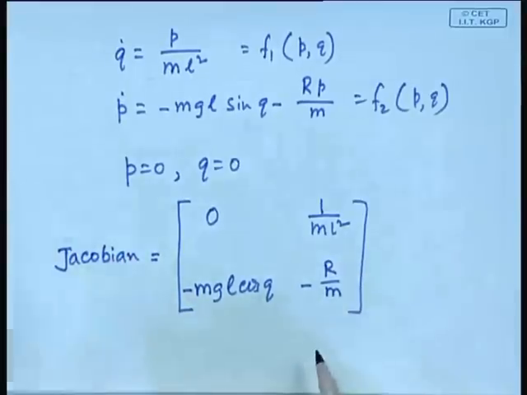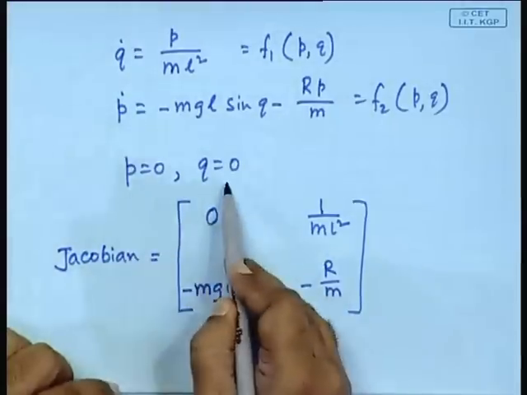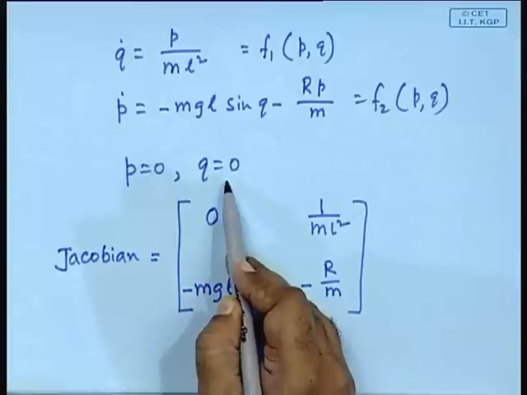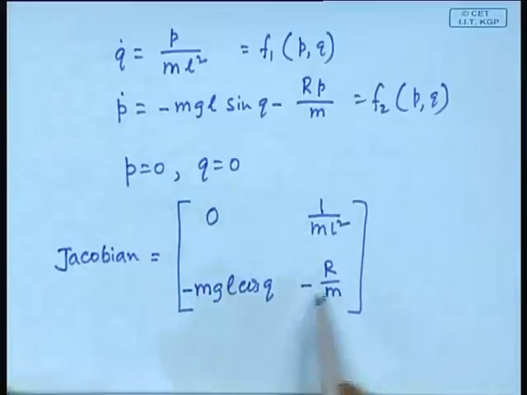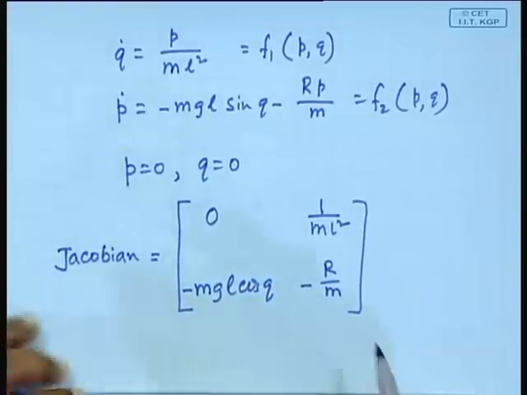Now, the Jacobian has to be evaluated at the equilibrium point. Equilibrium point is p is equal to 0, q is equal to 0. Here there is nothing like p and q, but here there is. So, we have to substitute cos 0 here, which is 1, therefore, it becomes m g l.